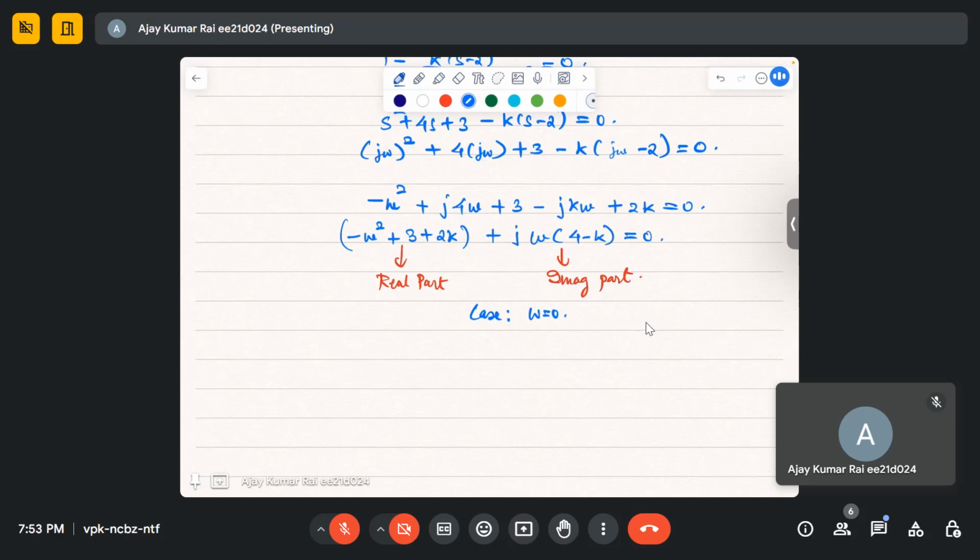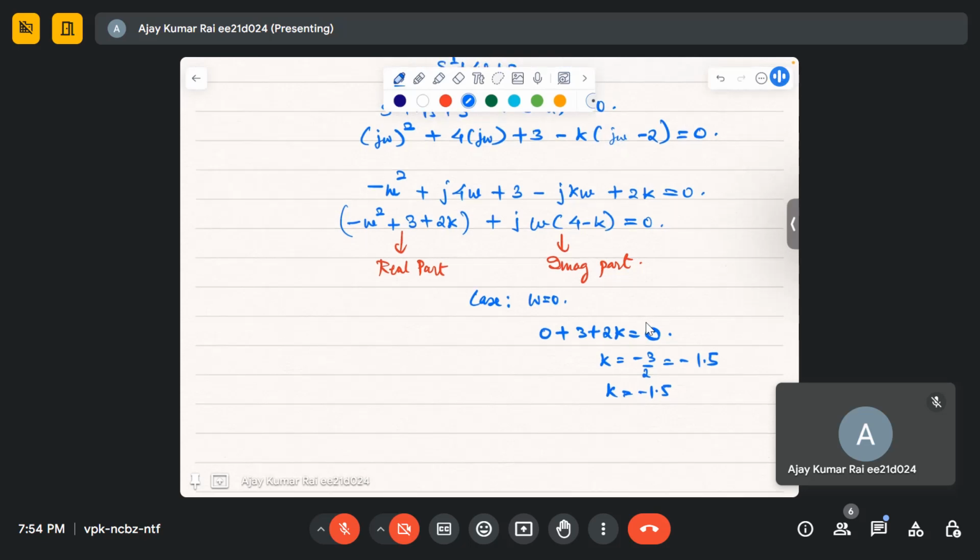If you put omega equal to 0 in the real part, what you will get is 0 plus 3 plus 2K equal to 0. If you calculate, the value of K will be minus 3 by 2, which is minus 1.5. But the value of K cannot be negative, because it's given K is positive.